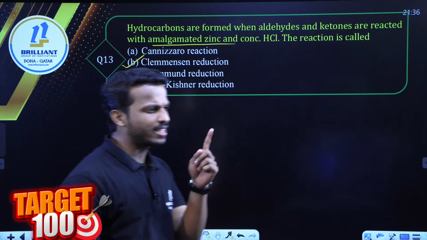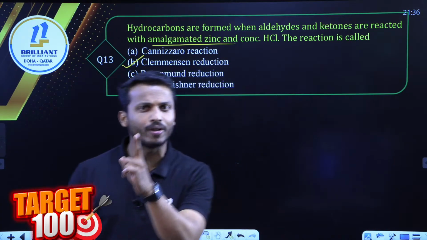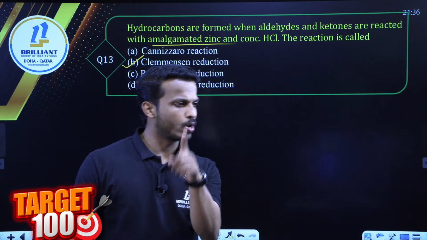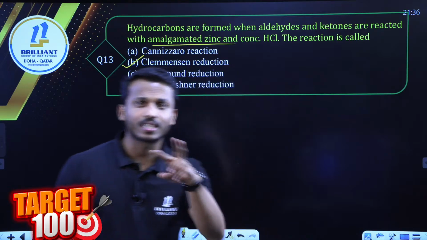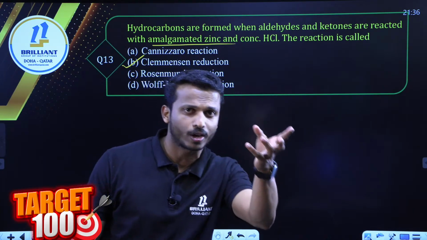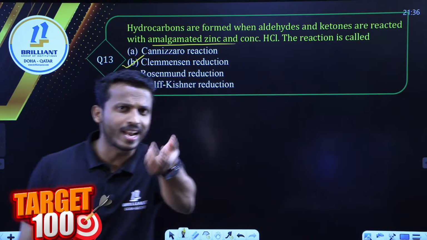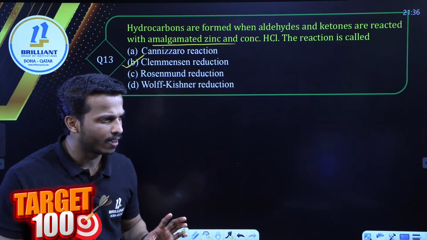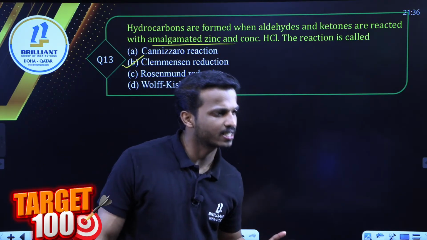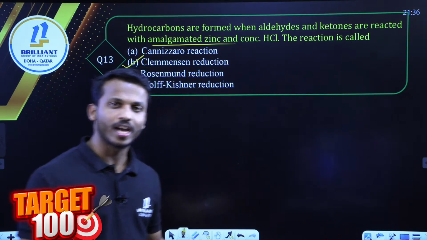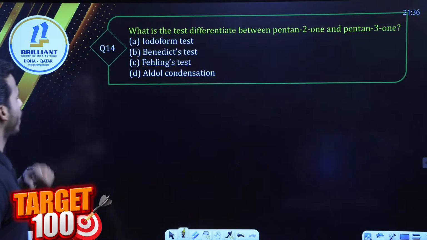You know very well that a similar conversion is possible with another reaction. What was that? An aldehyde or ketone can be converted to a hydrocarbon by another reaction other than Clemmensen. What was that? Yes, Wolff-Kishner reduction. Excellent.